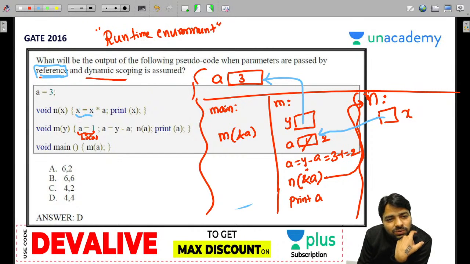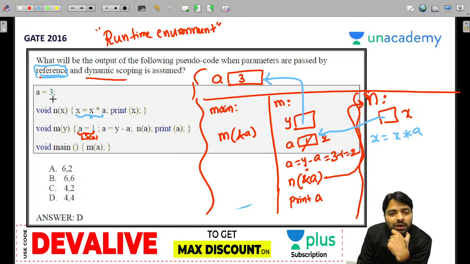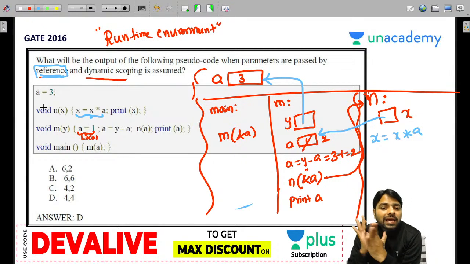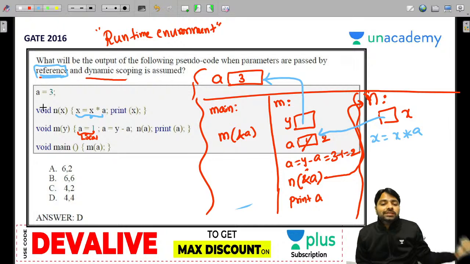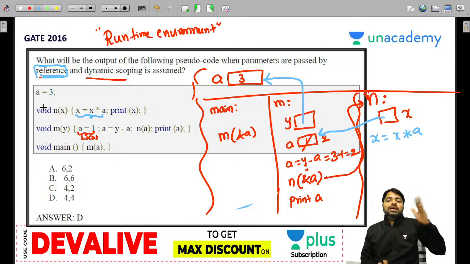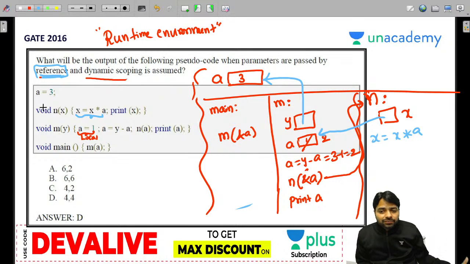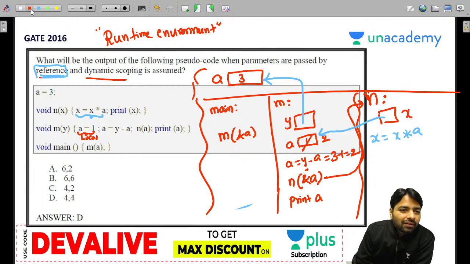Now x is equal to x into a, x is also 2, and which a will be accessed, guys? Global? No, the previous function, because in dynamic scoping that function can see the variables of this function, if not, the previous function in the calling sequence, obviously. So we can challenge such questions, guys.